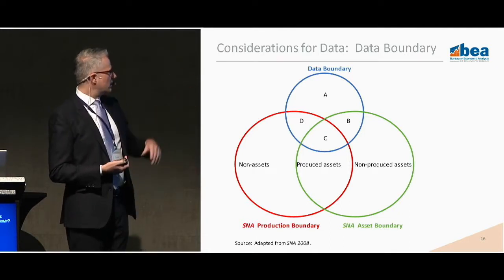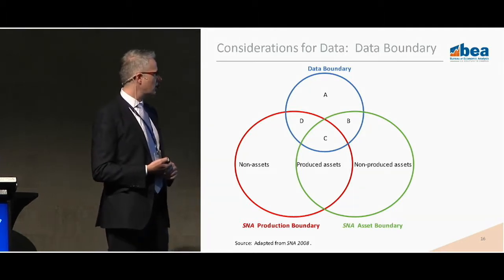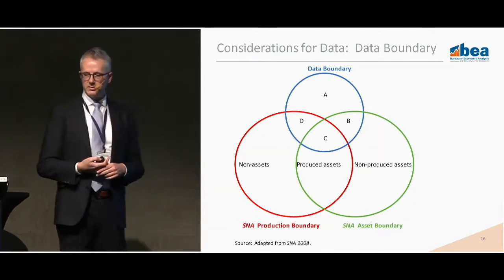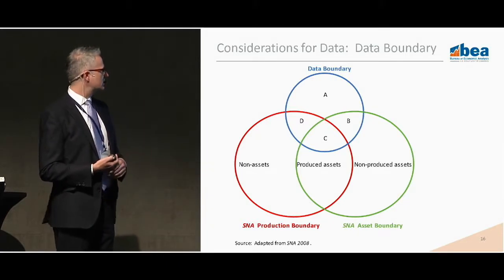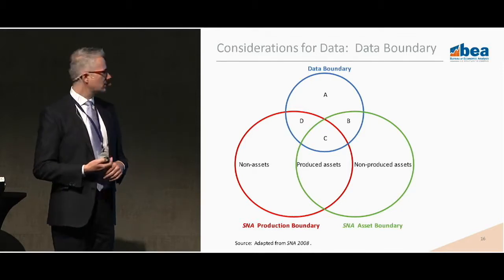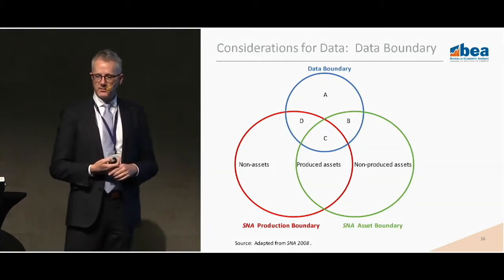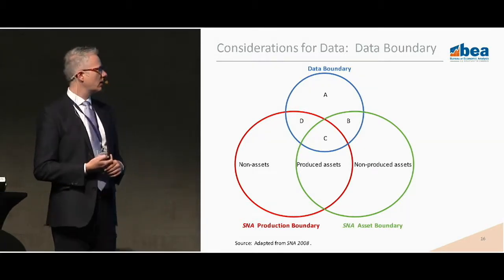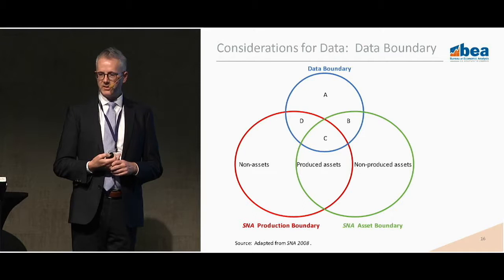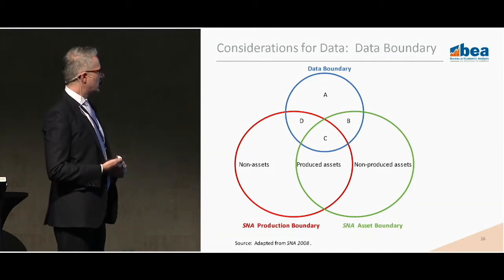And as we've heard already, we want to allow for the possibility that data, or some data, are non-produced assets, of course, but could also be produced assets fitting in area C, and in some cases may not be assets at all, but still used in productive activities, so would be included here in area D. But then there's a large area shown here, area A, which would be those data that don't fit within the scope of national accounts necessarily at all.